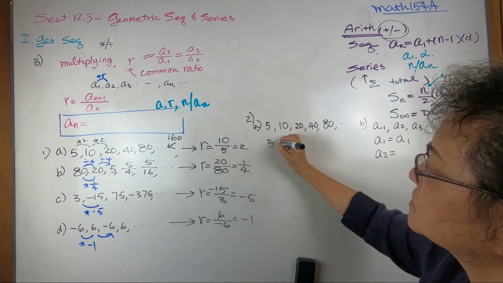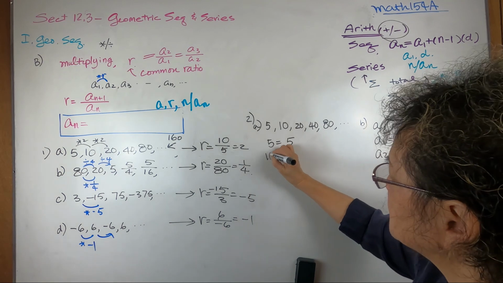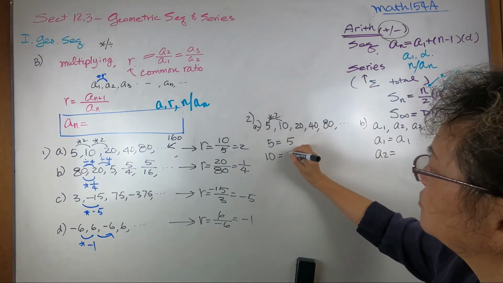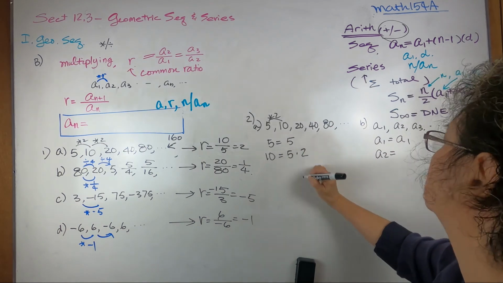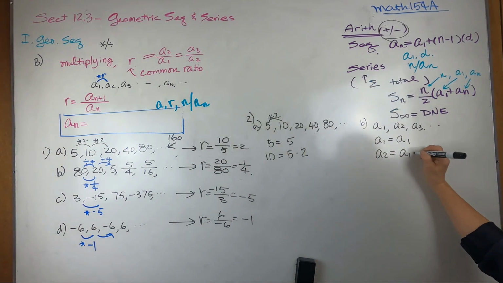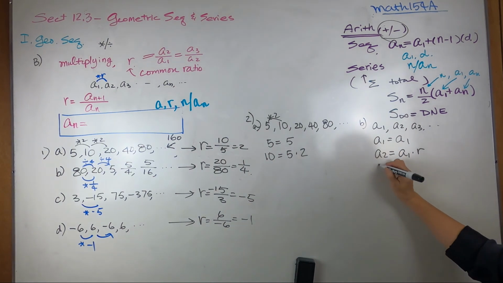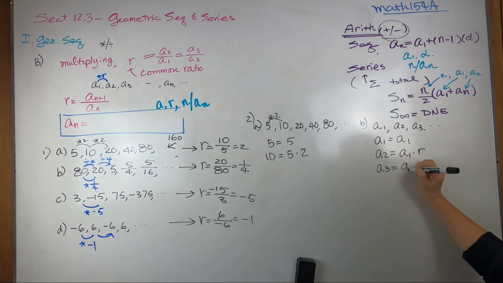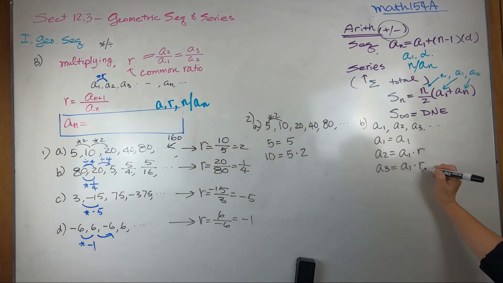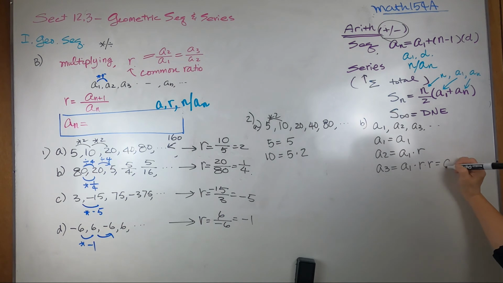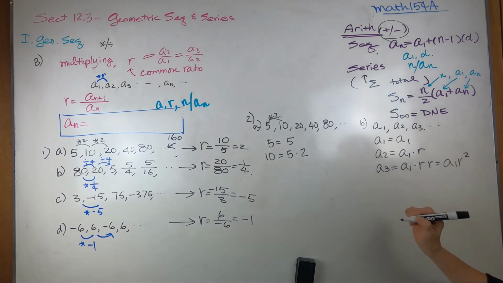The first term is 5. 10 would be what? We multiply everything by 2, so it would be 5 times 2, right? So the first one times your common ratio will be your next term. The next term will be A1 times another R, that would be A1 times R squared.